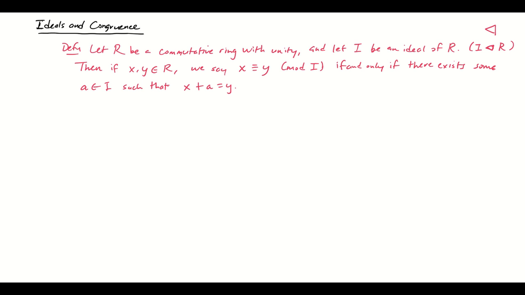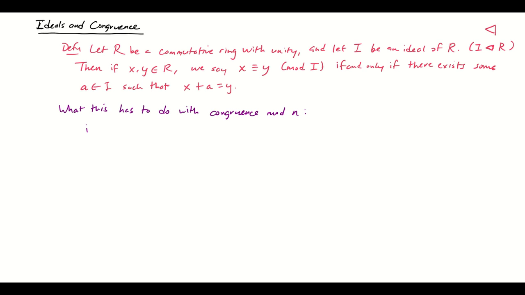Now at this point, I'd be remiss if I didn't mention what this has to do with the idea of congruence that we're used to, congruence mod n.